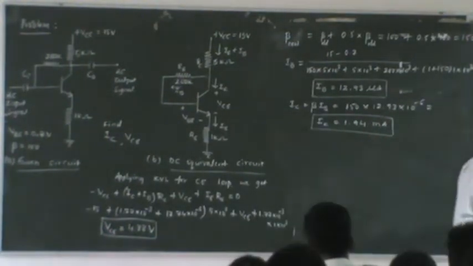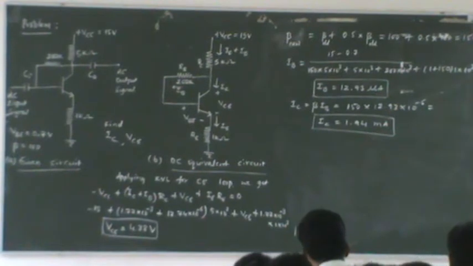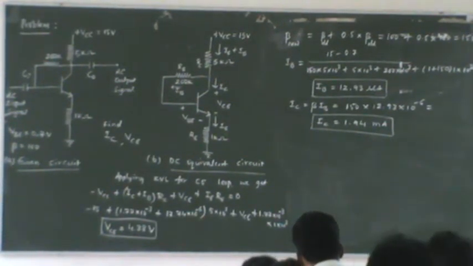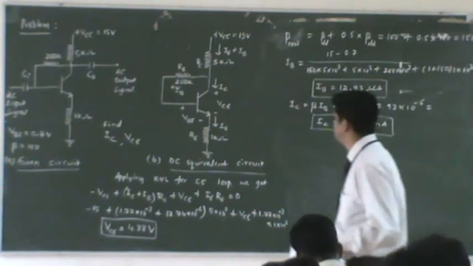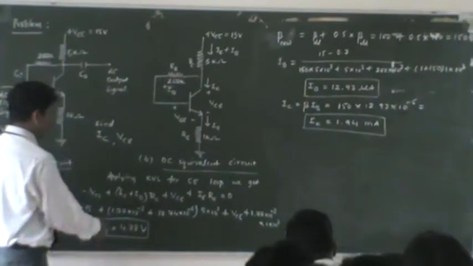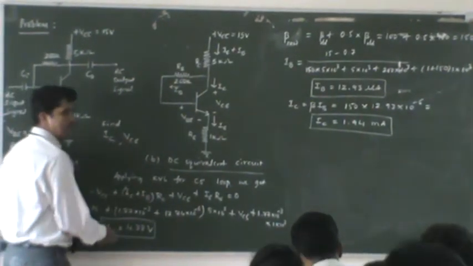Similarly, work out VC. Again substitute here, because once IC changes, VC also changes.